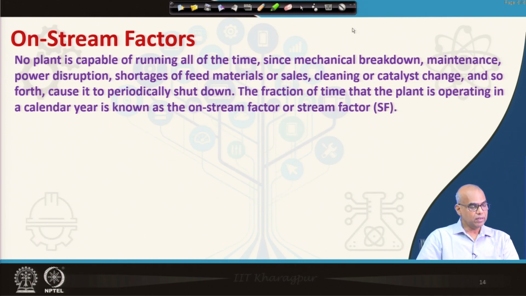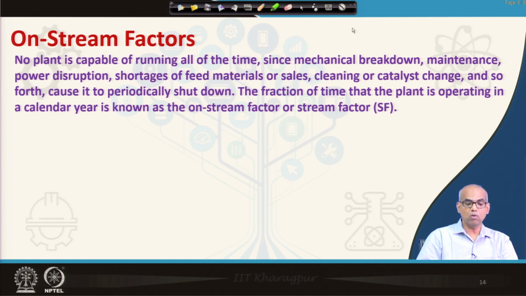Now, we define one factor known as on stream factor or simply stream factor. As we have already discussed, no plant is capable of running all of the time. No plant will be capable of running 365 days in a year, because there will be mechanical breakdown, requirement for maintenance, power disruption, shortage of feed materials, cleaning or catalyst change, and so on and so forth.